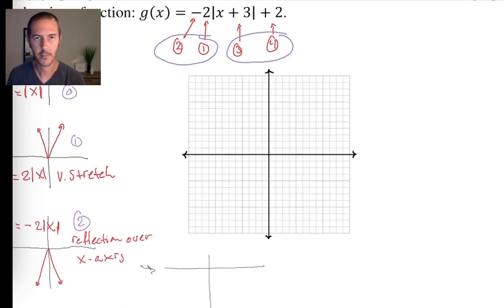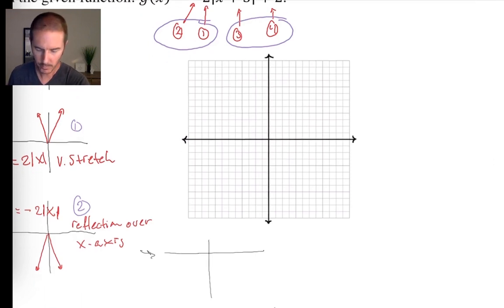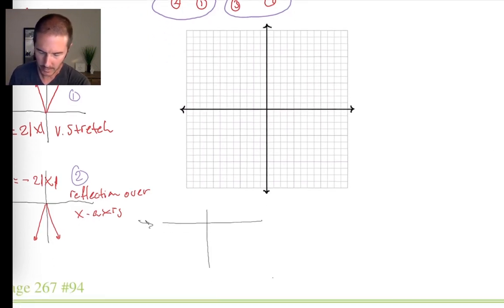Remember that that's kind of backwards because it's happening inside our function. It's going to cause a horizontal shift because we're modifying our x values, but it's not going to go in the direction you might think. It's going to move in the negative horizontal direction. So we're going to move our absolute value graph to the left 3 units. 1, 2, 3. And on the negative vertical axis, 1, 2, 3, 4, 5, 6 is where it's actually going to go.